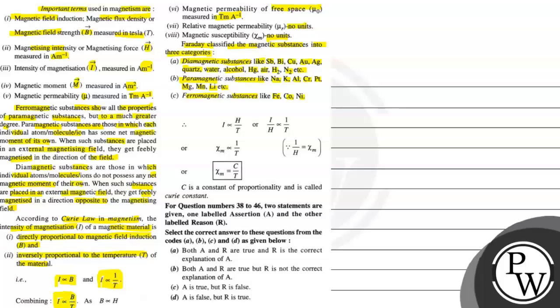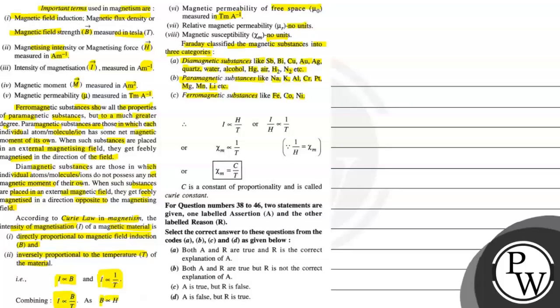So I is directly proportional to B upon T, as B is directly proportional to H. So I is directly proportional to H upon T, and we can say that I upon H is going to be proportional to 1 upon T. Because I upon H is chi m, we put that value here, so it becomes chi m is equal to C upon T, where C is the constant of proportionality and is called the Curie constant.